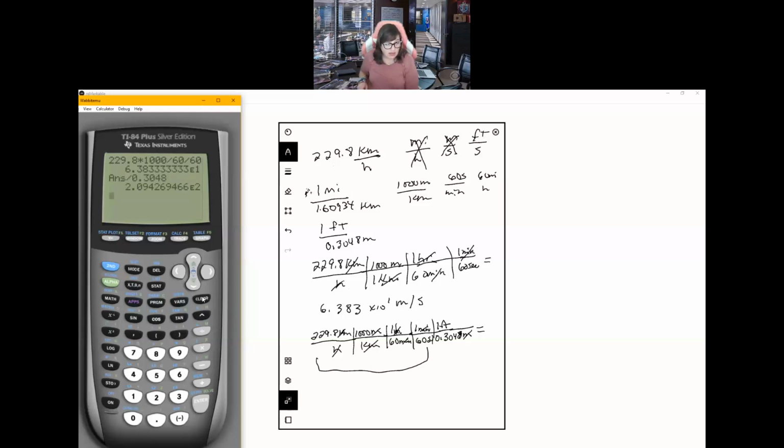I still have 4 sig figs for the number that they gave me, because again, the conversion factor that I'm given here is considered infinitely known. So I'm not worried about that. So 4 sig figs is what I'm looking for. 2.094 times 10 to the 2 feet per second.